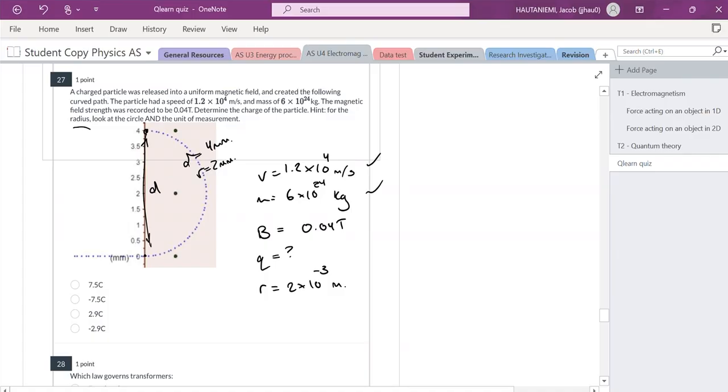Now I have absolutely forgotten off the top of my head what that relationship is. We've got these things here. Is it B is equal to just Q M R? No, it has a V in there. Oh, hang on, I remember now.